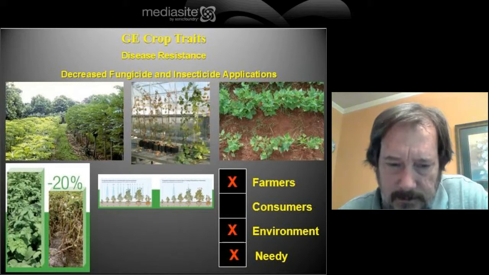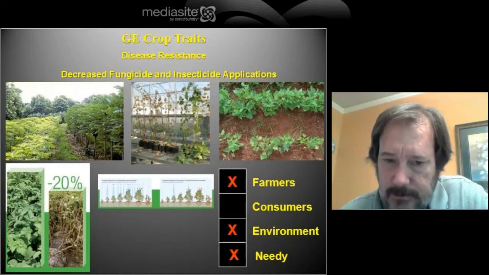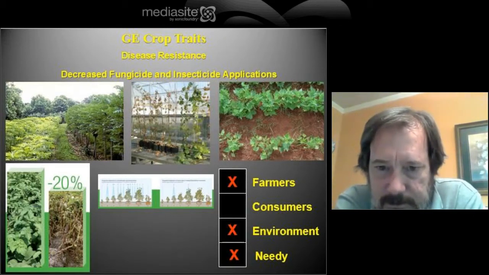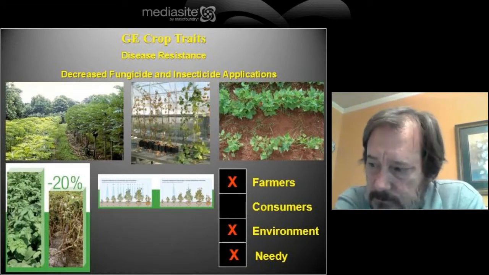It's still estimated to cause a 20% reduction in yields worldwide. And you can see in the center the number of sprays that are involved. On the left part of that image, you see the number of sprays that are used in conventionally produced potatoes.